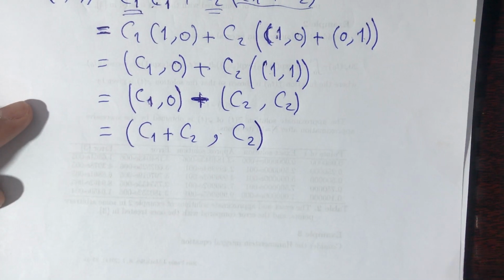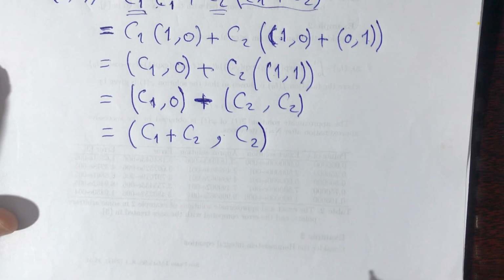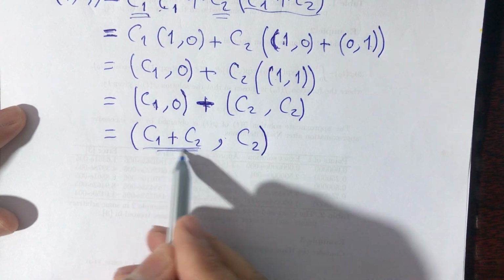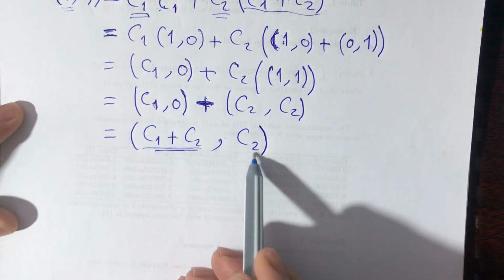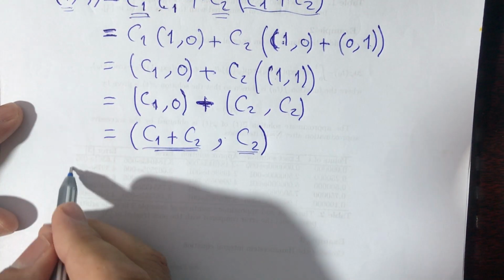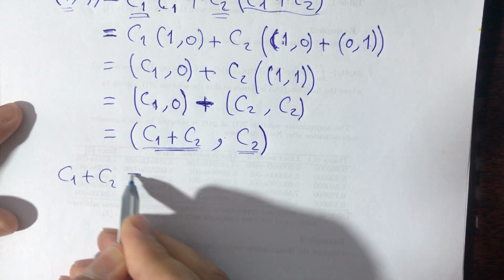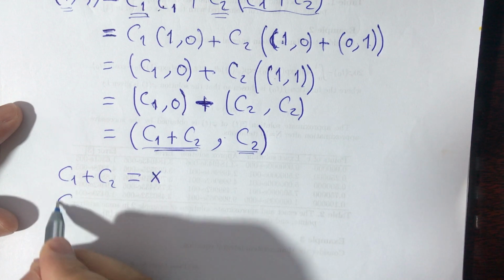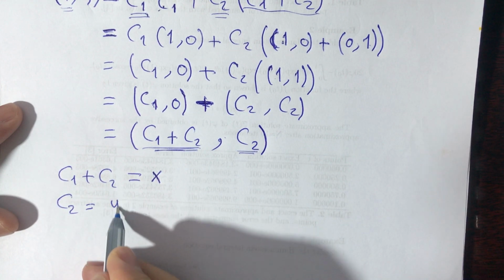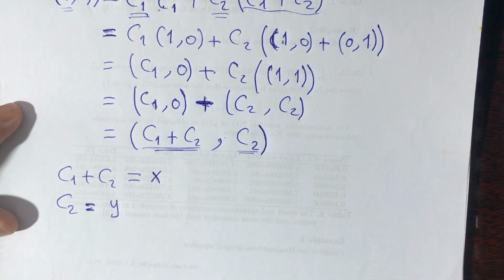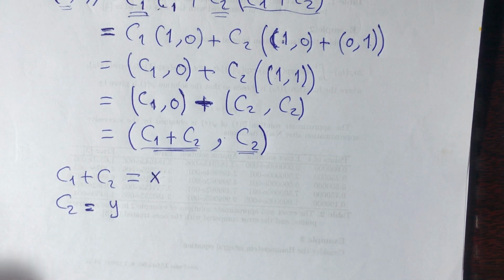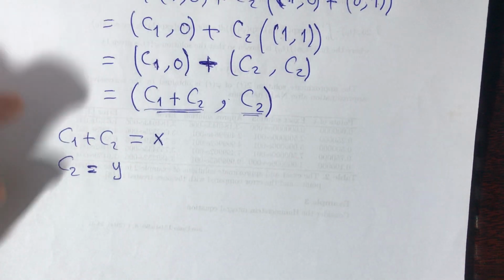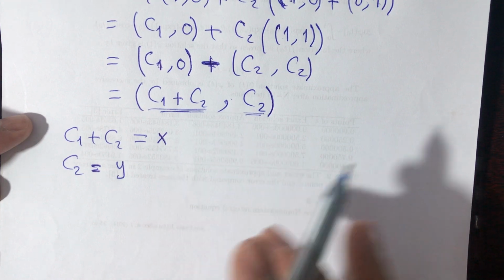So I have now two equations. The first equation equals x, and the second equals y. So C1 plus C2 equals x, and the second condition, C2 equals y. So I can do this linear system.